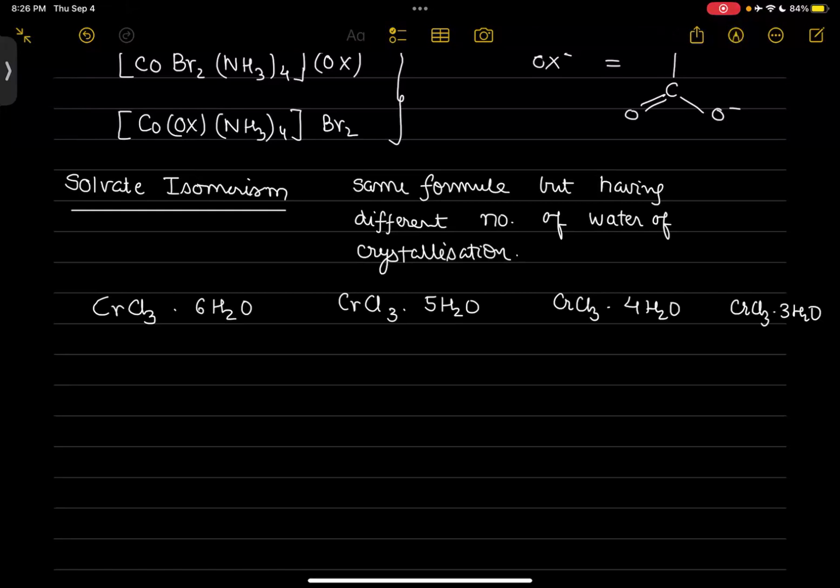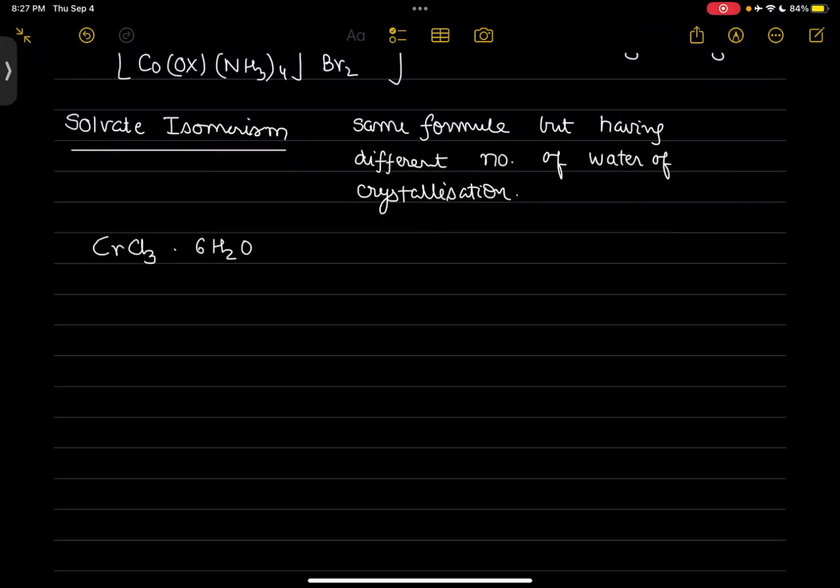So let's take some molecules. There are different formulas for it. I can write different formulas for this one. The primary valency for chromium is 3, that is a +3 charge, and the secondary valency is 6.